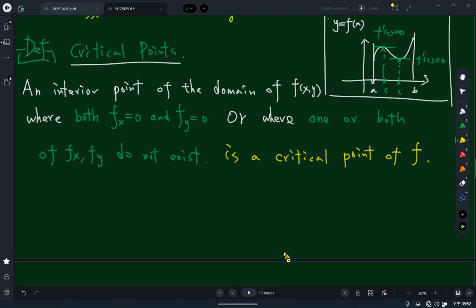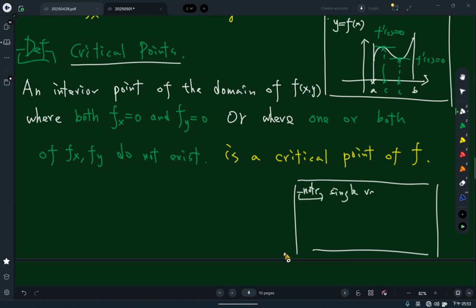Similar for single variable, I believe you still remember that for the critical point for single variable, we also know that in such a case, maybe in this case or in this case, this point f prime a is equal to 0, or in this case f prime a doesn't exist, because the slope is positive infinity or negative.